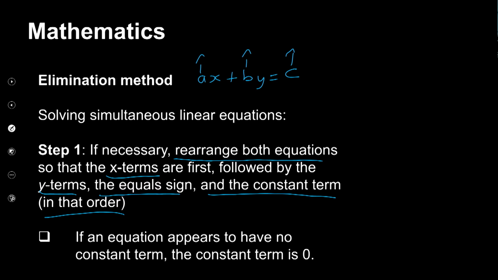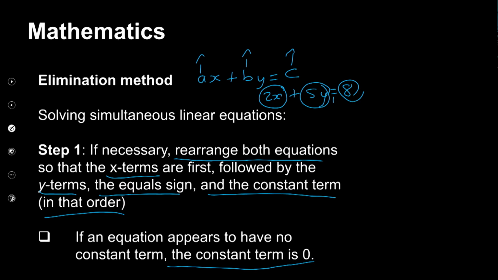As you saw with the previous examples, maybe 2x plus 5y equals 8. So you always start with the x, follow with the y, the equal sign, and then my constant on the other side of the equal sign.